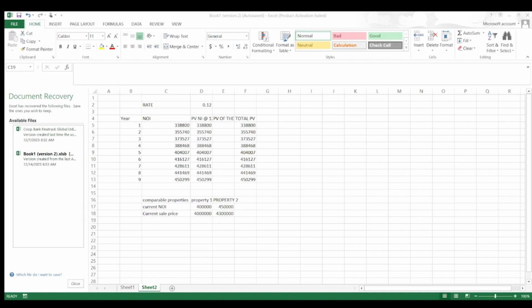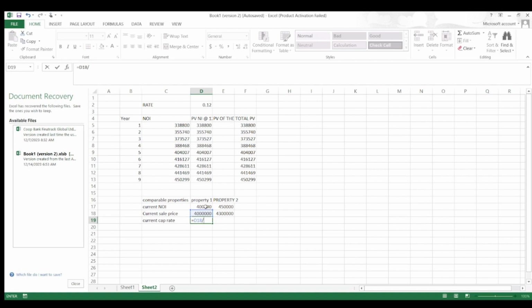Now with this information, we can calculate the current cap rate. For us to get the current cap rate, we simply divide the net operating income by the current sale price.